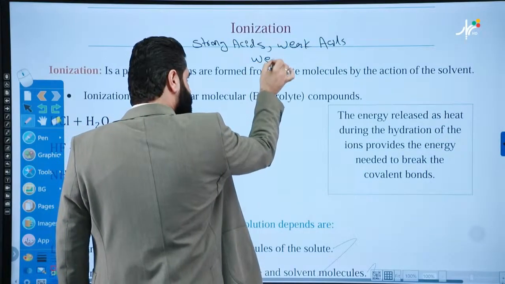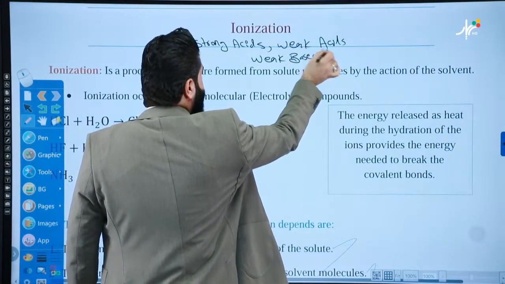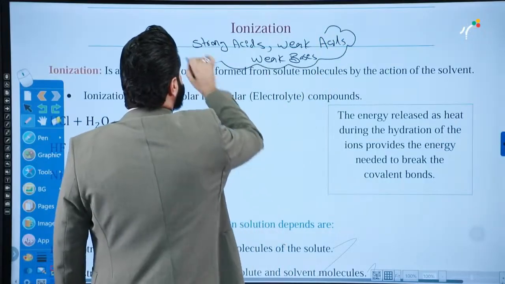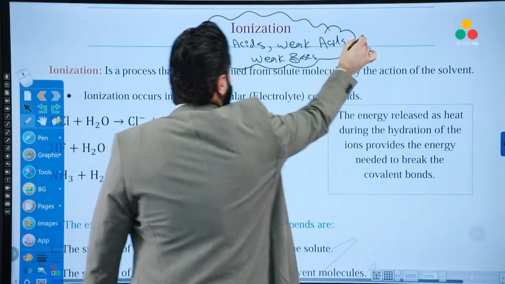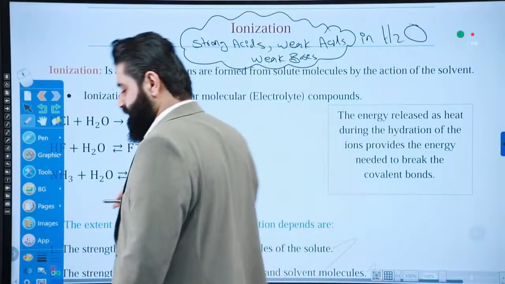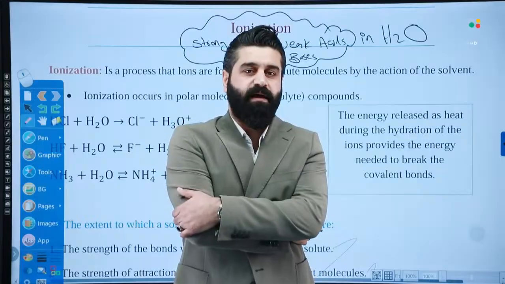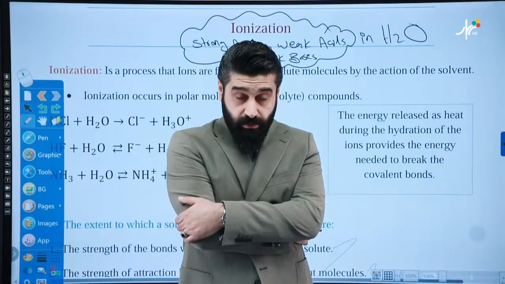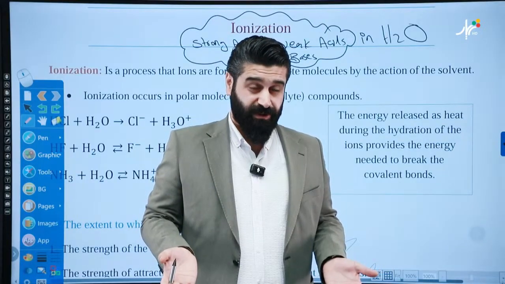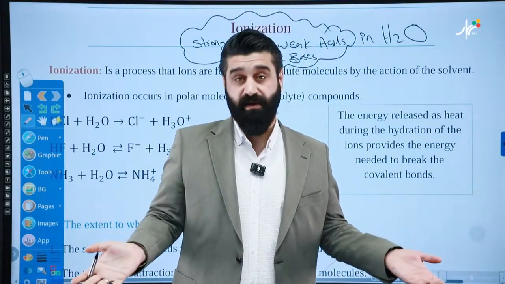Weak bases. So the following compounds are ionized in H2O. Good, but Mr., how do we know if the given compound is an acid or base, is it strong or weak? What's that question, please? I told you, you should memorize the list of the acids and the bases.